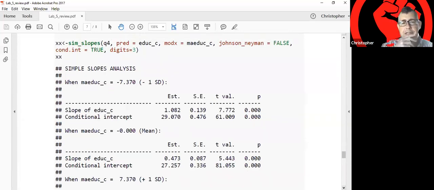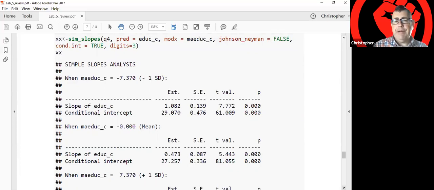Then we go to an average amount of mother's education at the mean. We can see that there's still a significant relationship, but one thing to observe here is that the size of that relationship is about half, or less than half, of what we had for the low education. So as we go up, as we have greater mother's education, your own education appears to be less related to occupational prestige.